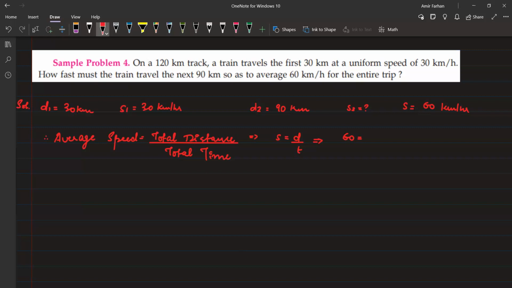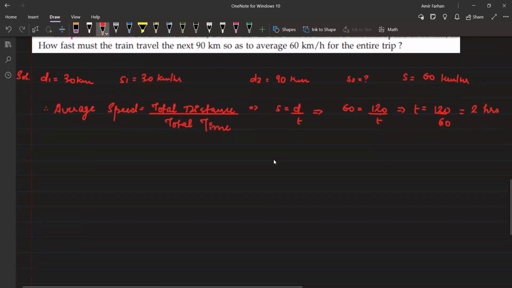So it would be 120 divided by T. So T will be equal to 120 divided by 60, which is 2 hours. So now I have got the total time as 2 hours. Got it?